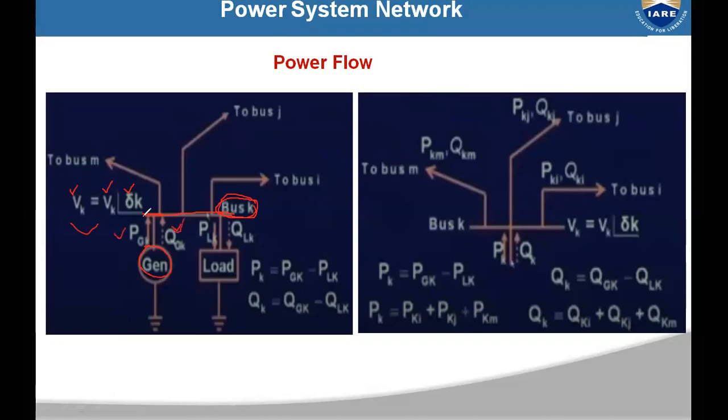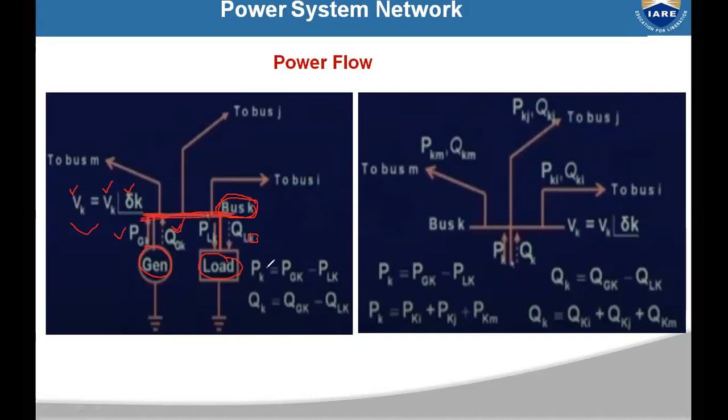Now the same bus is also connected to a load. The load will take power, and the power taken by the load is PLK and QLK, where K means the bus number. So PGK and QGK are the power generated, and PLK and QLK are the power received by the load at the kth bus.